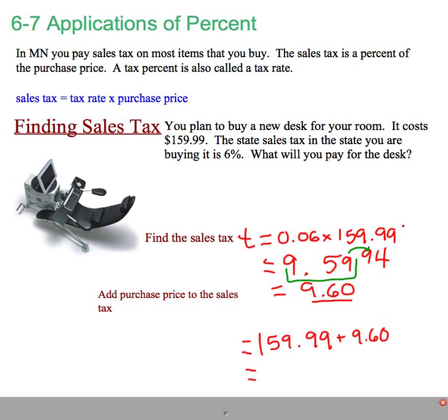And so after everything is said and done, you are going to walk out of that store with that nice looking desk for, and we label our answer because it was dollars and cents, $169.99. What a bargain.